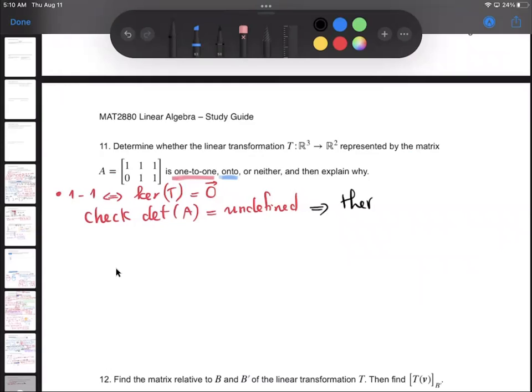Now, the second one, is it onto? If it's not 1-to-1, then is it onto? Well, we don't know, we have to show. How do I show something is onto in this case? We want to show that the dimension of range of T is equal to the dimension of the arrival space.